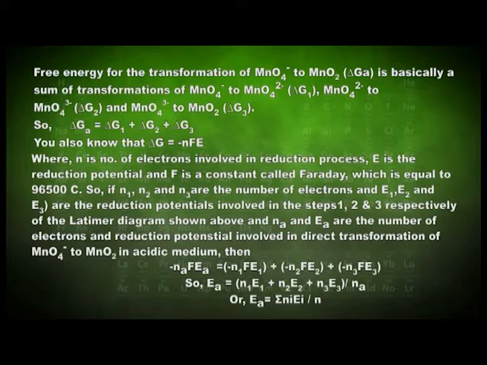minus nFE, where n is the number of electrons involved in the reduction process, E is the reduction potential, and F is a constant called Faraday, which is equal to 96500 coulomb.